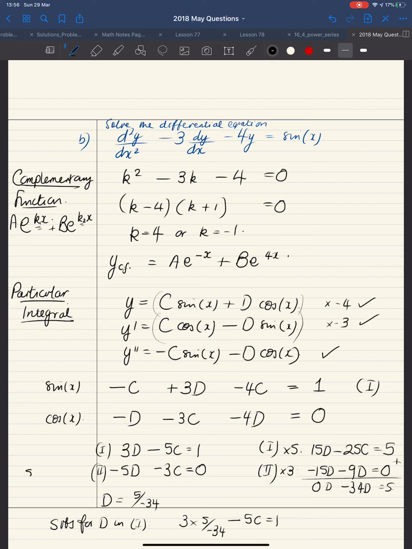Five times 34. Just doing all the fractions. You could probably do this on your calculator. 5 4s are 20, 5 3s are 15, 170. Add 5c to each side. Take 1 from each side. So we've got 15 over minus 34, take away 34 over 34 equals 5c.